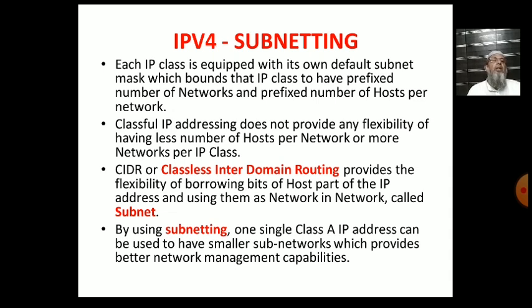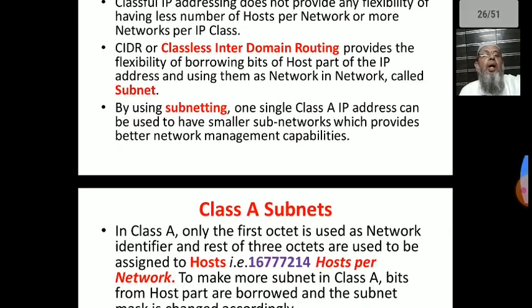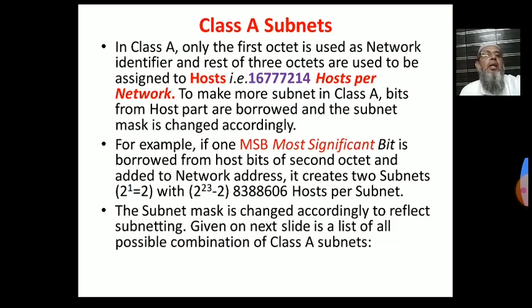That will be done by taking the number of host bits and taking them as network bits, and we can create a number of smaller networks, subnetworks, and that provides better network management.